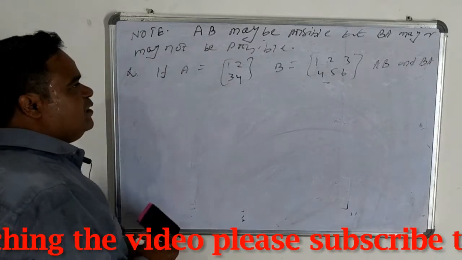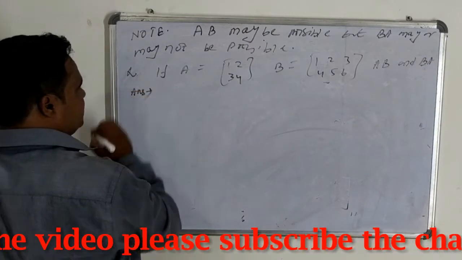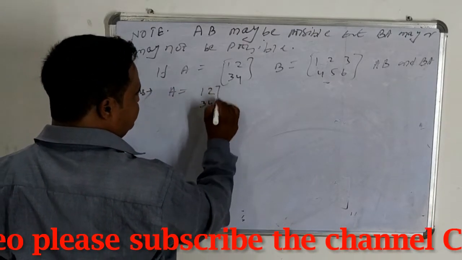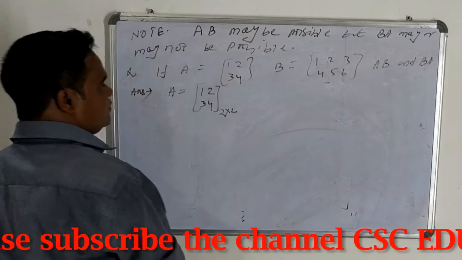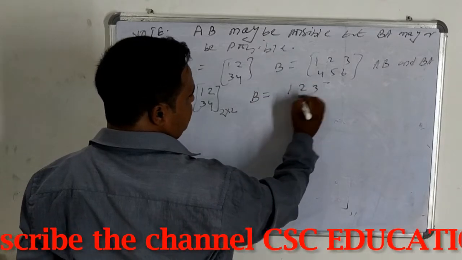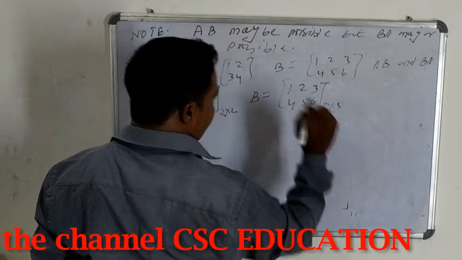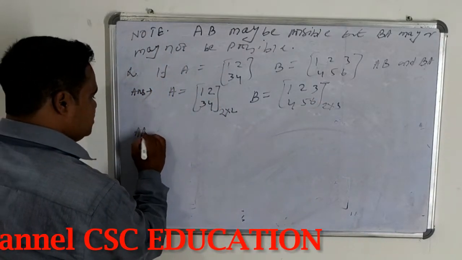So the answer: A equals 1, 2, 3, 4, that means 2 by 2 order. And B is the matrix of 1, 2, 3, 4, 5, 6, 2 by 3. Sure, is AB possible or not?